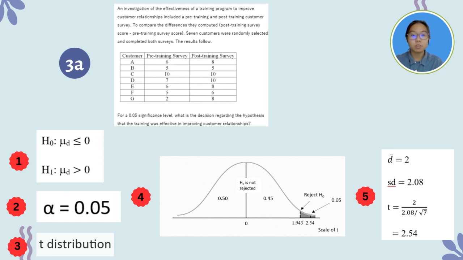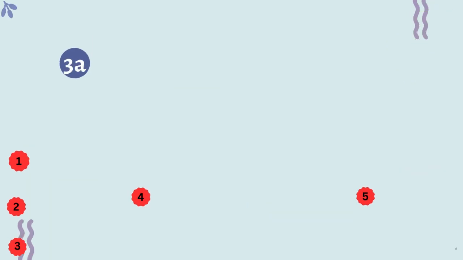The mean for the difference between the post-training survey and the pre-training survey is 2, while the standard deviation is 2.08. At last, we found that the t is 2.54. Since 2.54 falls inside the rejection region, H0 is rejected. We can conclude that the training was effective in improving customer relationships.